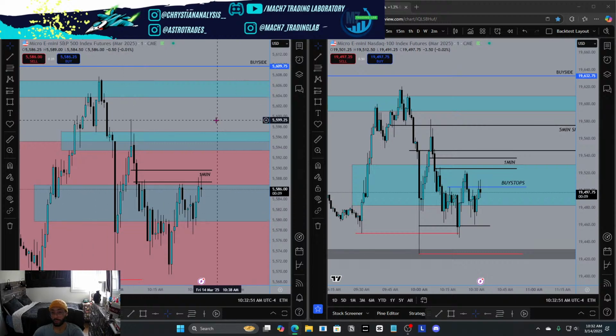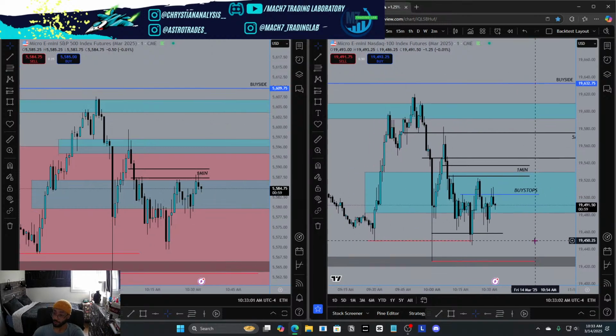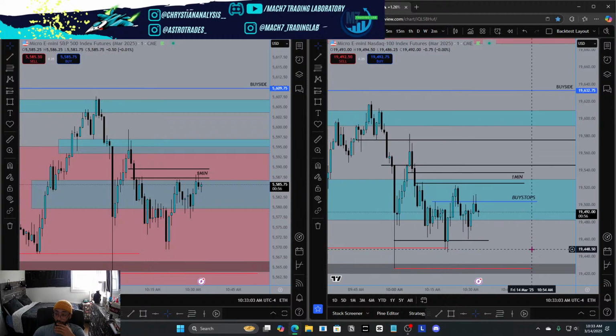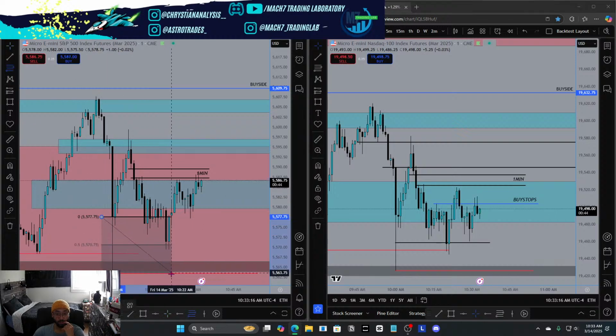I'm not going to delete it, but I'm only going to have it shown on the 5 minute, so there's not too much on the 1 minute or the lower intervals. I don't know if you guys can see, look at the difference in terms of price. Let me go ahead and mark the 50% of this as well.